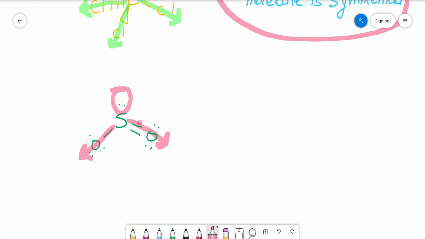There's no other oxygen to oppose them. So this would be a polar molecule. And remember, polar just means it's like the North Pole, South Pole. Those are opposite ends. So we have a molecule with a little positive and a little negative.